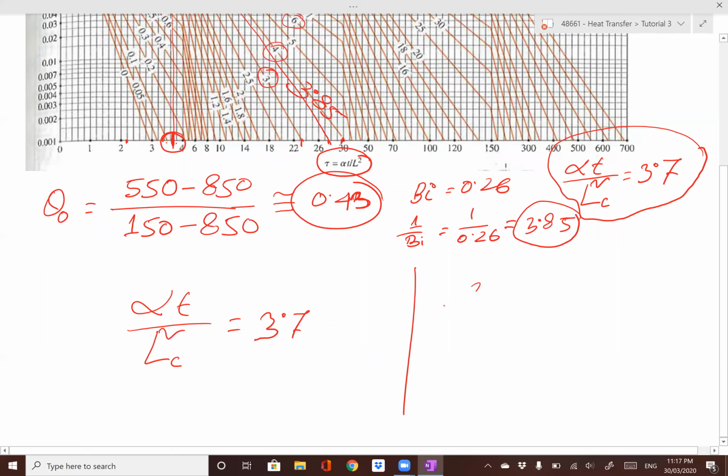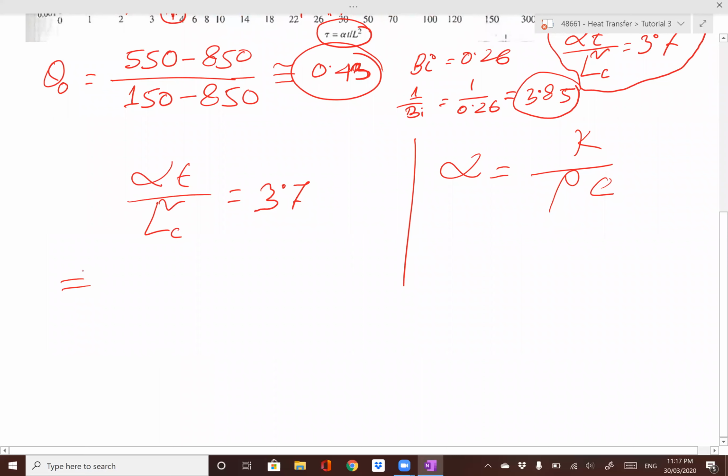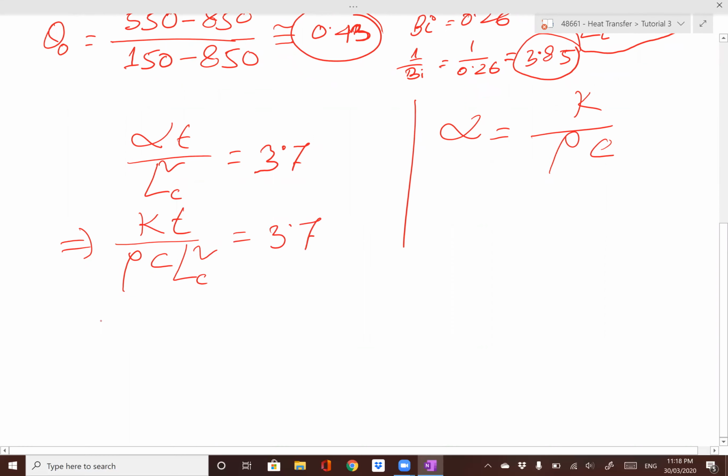Now here this alpha we can calculate from this formula, k over density times C. So if I put in alpha as k over rho C, with LC squared, and the t equal to 3.7. Now if you rearrange for the time t, it is 3.7 rho C LC squared divided by k.